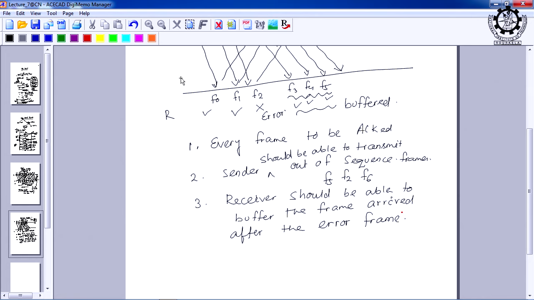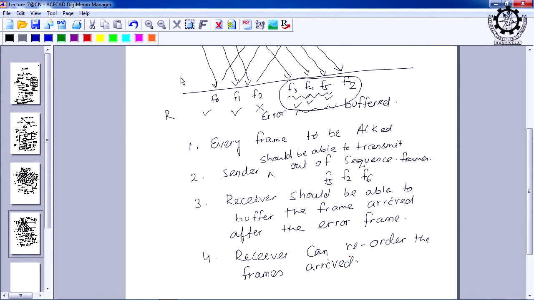Now, when F2 comes here, the receiver must be able to process or reorder the frames F2, F3, F4 and F5. So, the receiver should be able to reorder the frames arrived.